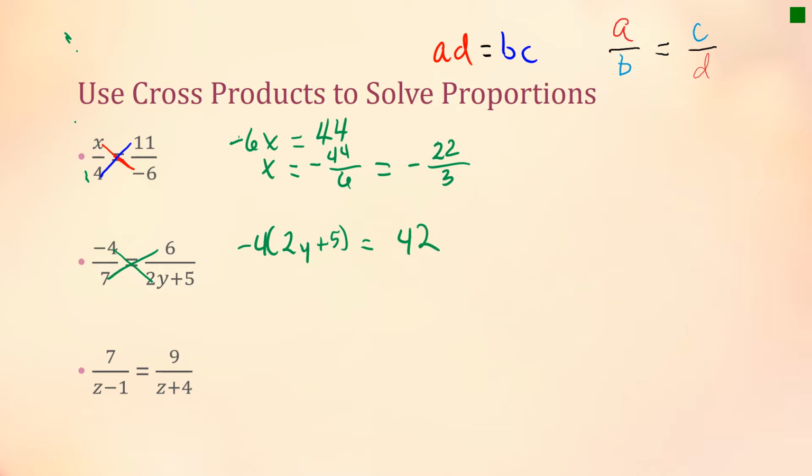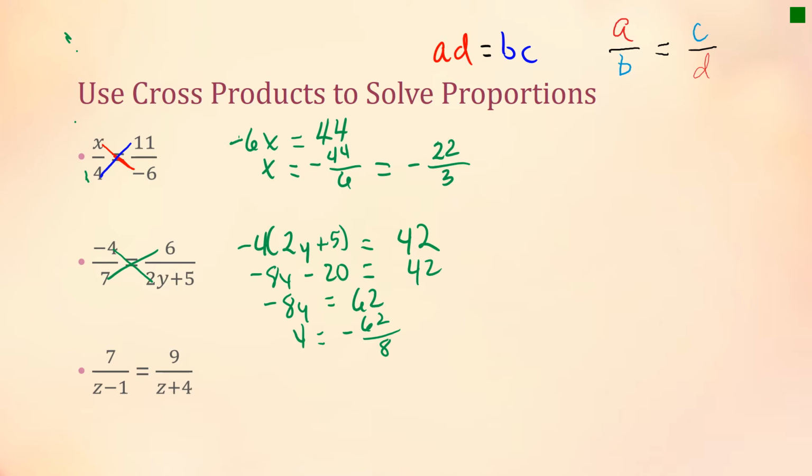Well, let's distribute this -4 to the 2y plus 5, so that's going to give me -8y minus 20 equals 42. And we're going to add 20 to both sides, so -8y is now equal to 62. Let's divide both sides by -8, and y then is going to equal -62 over 8.